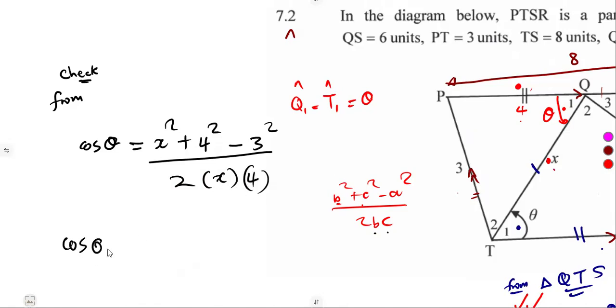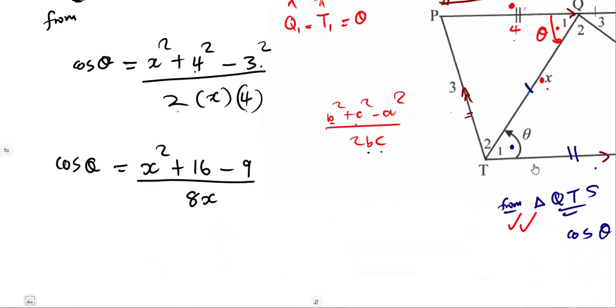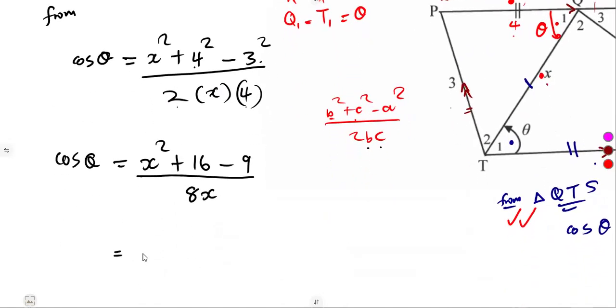So cos of theta is x squared plus 4 squared, which gives 16, minus 3 squared, which is 9, over 2 times 4, which is 8x. Simplifying, we have x squared plus 16 minus 9, which gives us 7 over 8x. So this is what we have as a presentation for the cos of theta.